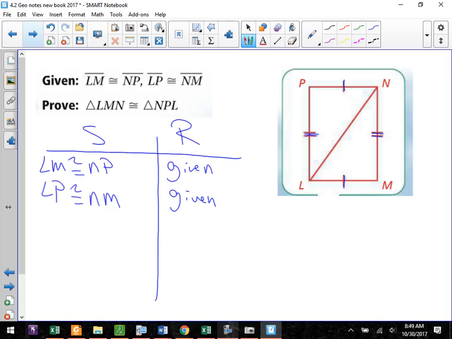Now, we need to get all three sides congruent to each other. You'll notice you've got two triangles, and those two triangles have a shared side, don't they? What side do they share? They share LN. Now, way back a long time ago, when we did algebra stuff, one of the things that we talked about on that white sheet of paper that said the reason bank to it was something called the reflexive property.